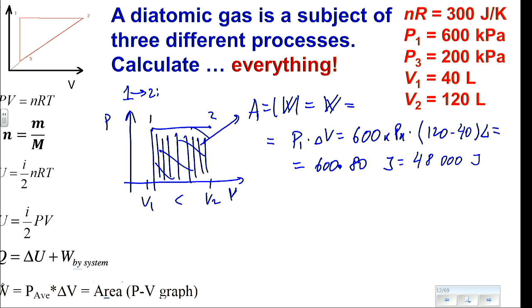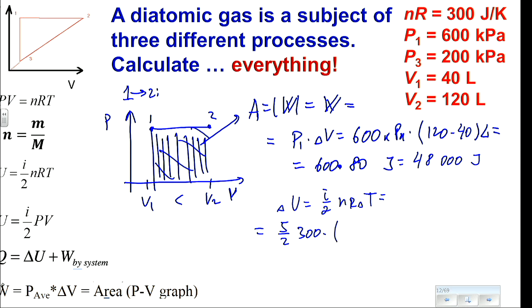Now, what else can we calculate? Delta U. Delta U equals I over 2 nR delta T. When we know temperatures, that's the fastest way to do it. So again, that will be equal to 5 over 2, 300. And here people sometimes get confused. Well, this is the process which begins at state 1, ends at state 2.